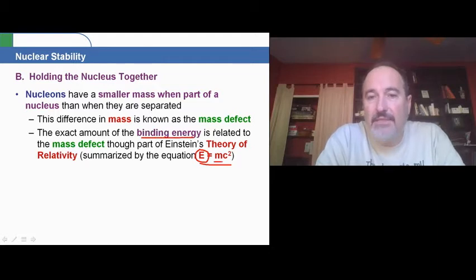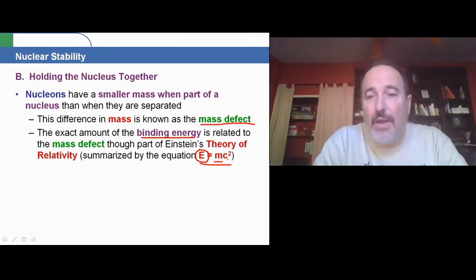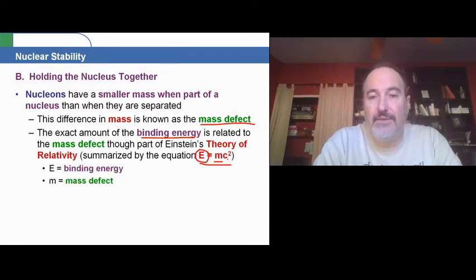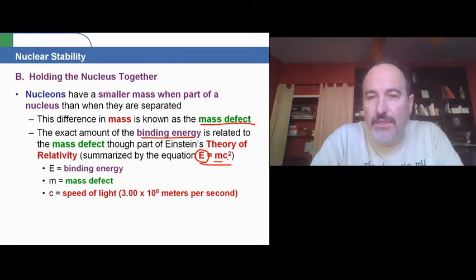M is for mass, well, that's the mass defect. That is how much difference there is between when the particles are separated and when they're together. And c squared, c represents the speed of light, okay? And when you square it, you get a really huge number.